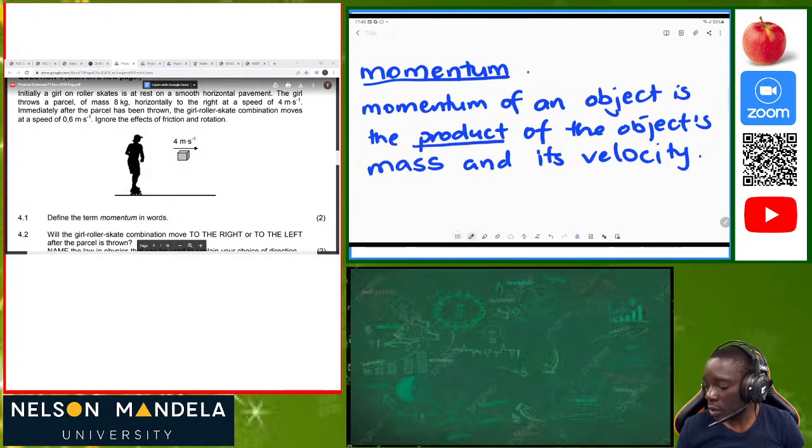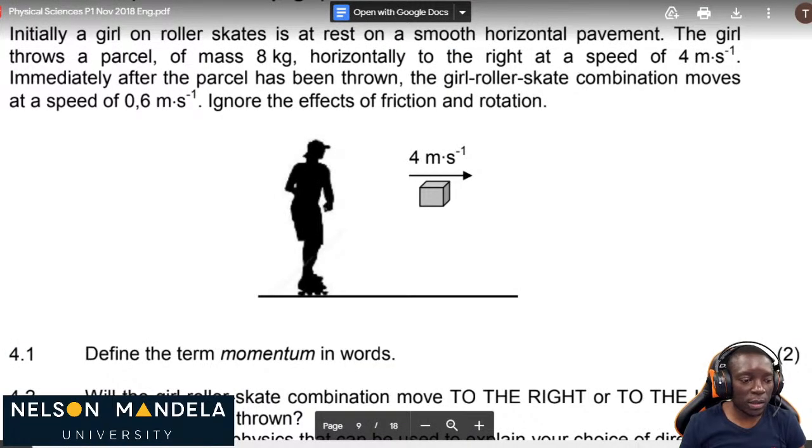So that product of mass and velocity is what we call momentum. So we'll move on to the next question.